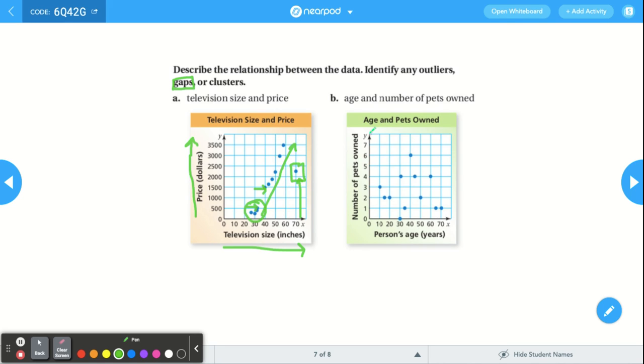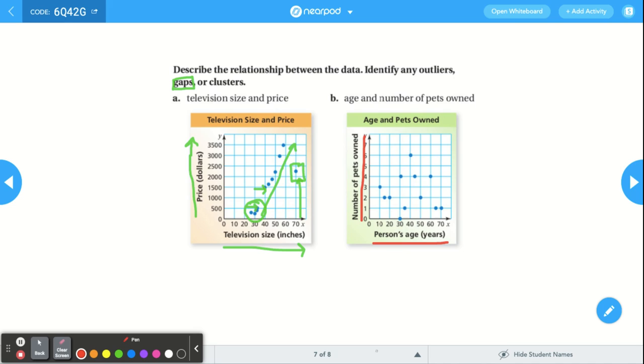There's no line going down, so there's no negative relationship. And there's no curved line that I can see, so it's not nonlinear. This one looks like there's no relationship in this example. So I would say there's no relationship between the person's age and the number of pets.